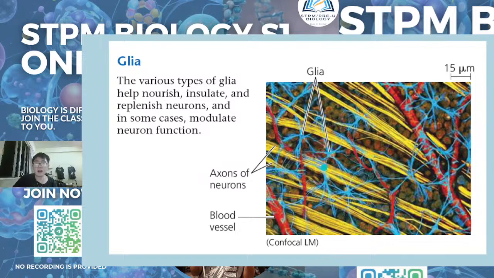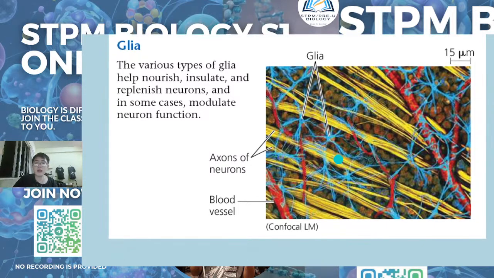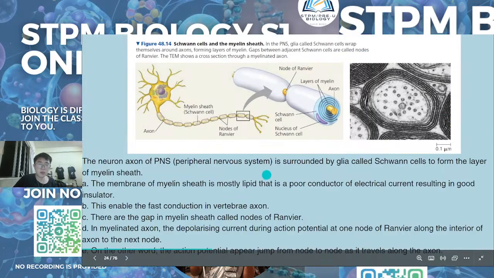Our neuron cells are freely located in our nerve, our organ, but they are also supported by the glia. If not for the support, our neuron cells could move anywhere.